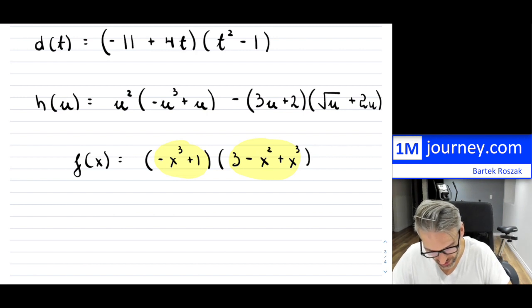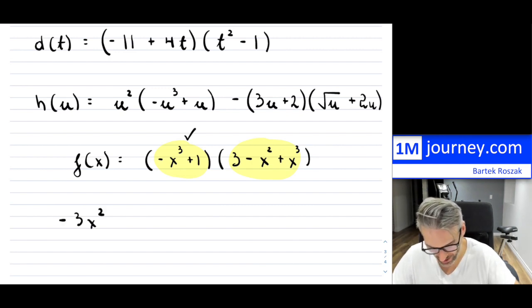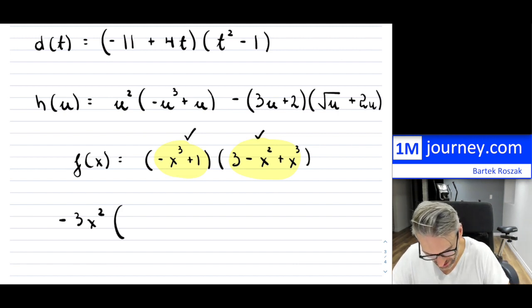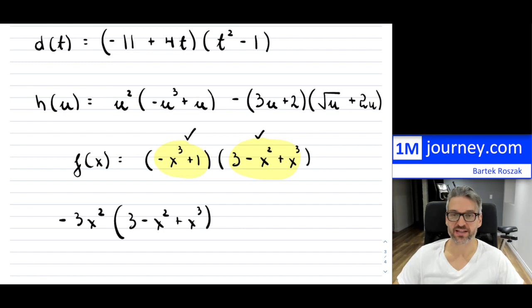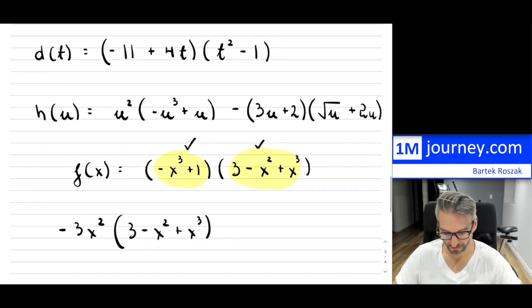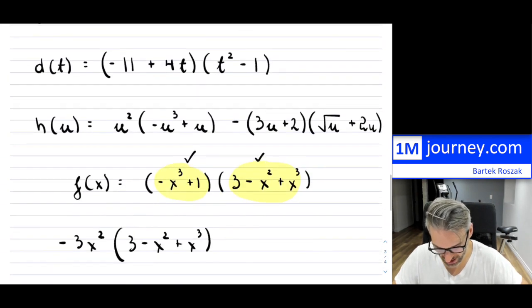So what I will do is, again, I will take the derivative of the first. So in this case, this would have been just negative 3x squared. That plus 1 is gone. This one stays the same, so it's going to be multiplying. So this is 3 minus x squared plus x cubed. So that's my first term, so that's this term. And now I do the same.